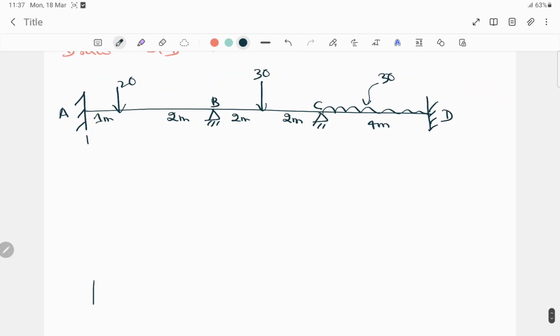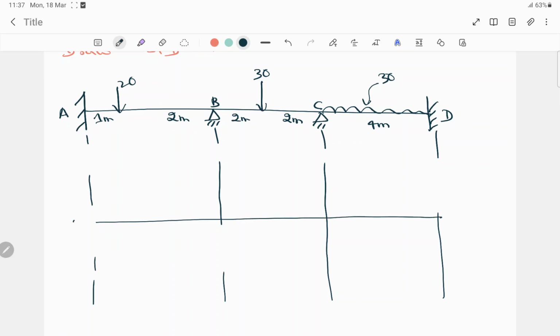Let's draw the BMD first. A, B, C and D. So here for a point load the bending moment diagram will be like this.